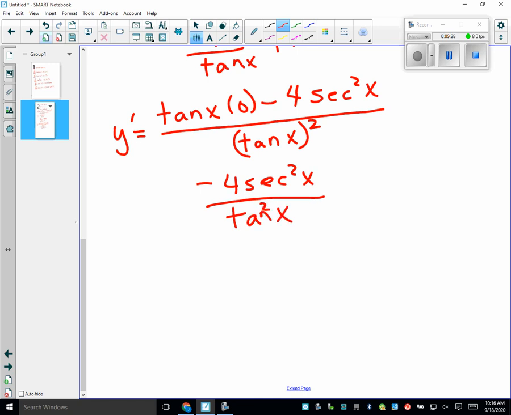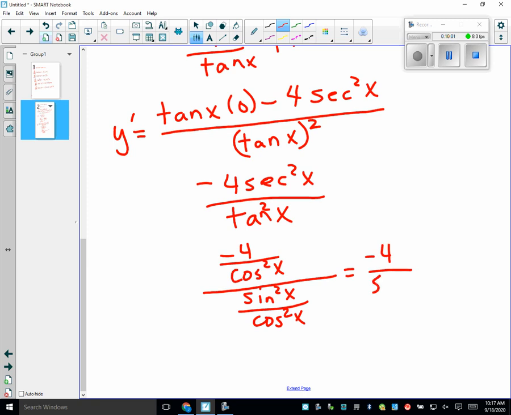Sine over cosine, sine squared over cosine squared x. So I have negative 4 over sine squared x.